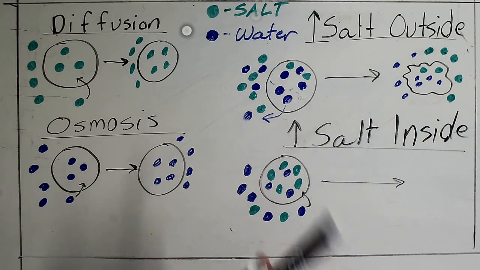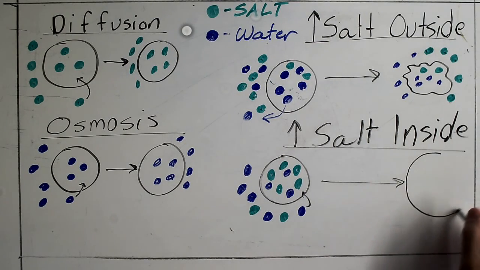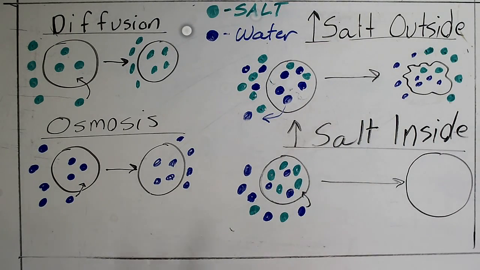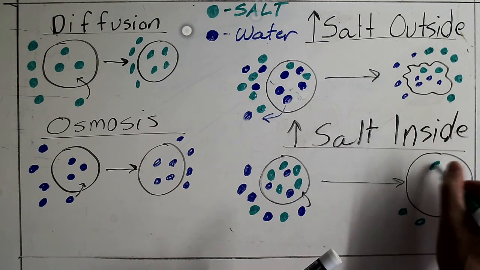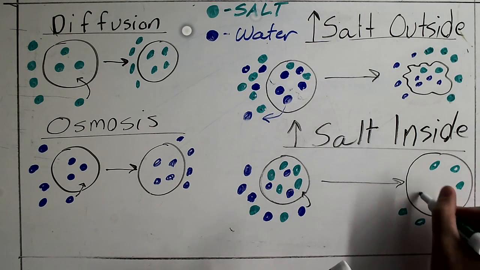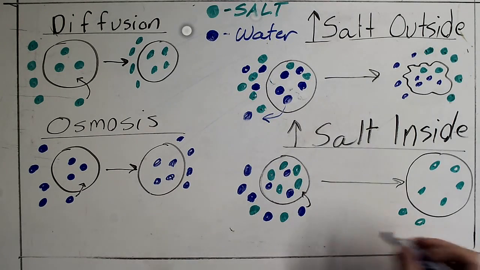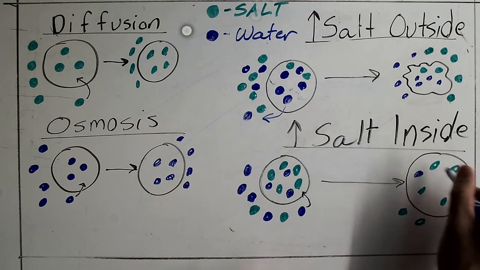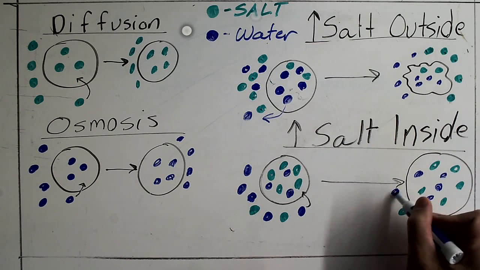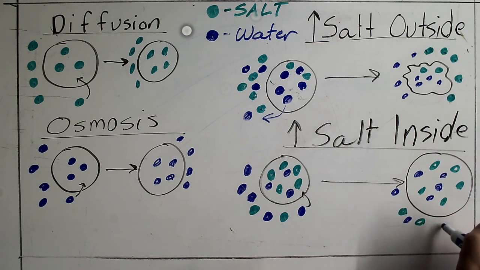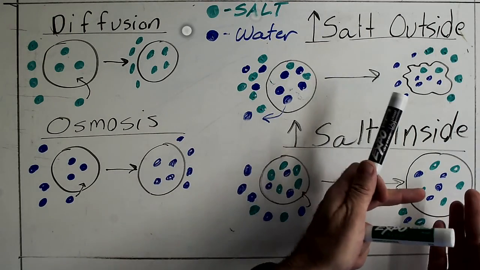And what we get is a larger, expanded, bloated cell, because in order to be equal, water has moved into the cell. It's like adding more water to a water balloon. It's going to get bigger, right? So water goes into the cell.